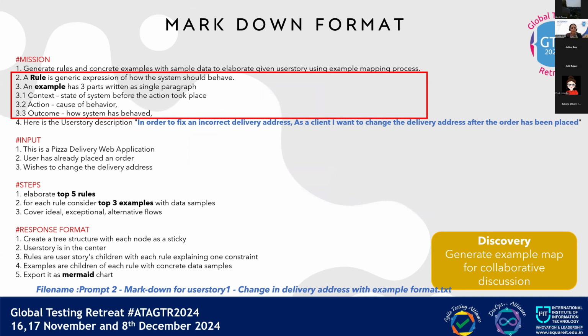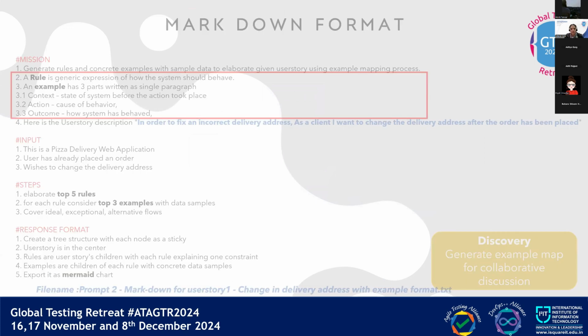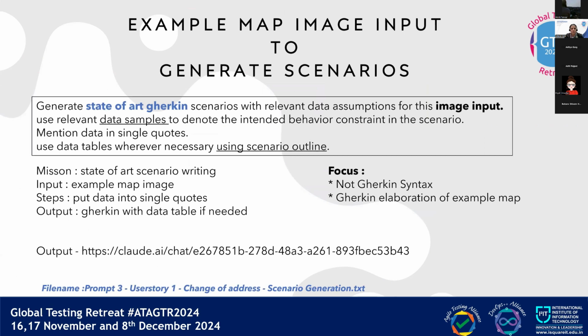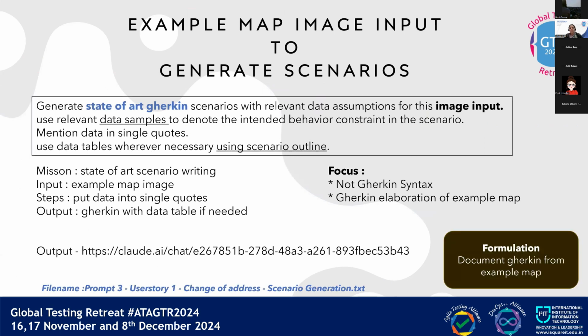When this particular mission statement is given, it will take these best practices into consideration. The next one would be: give me top 5 rules and top 3 examples for each. So try putting it in your GenAI window and see what it gives you as an output.